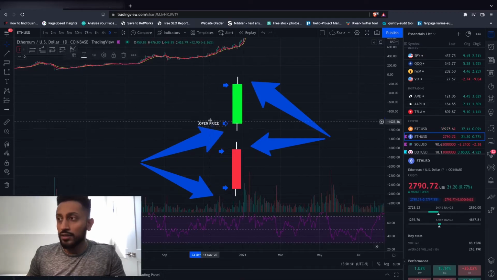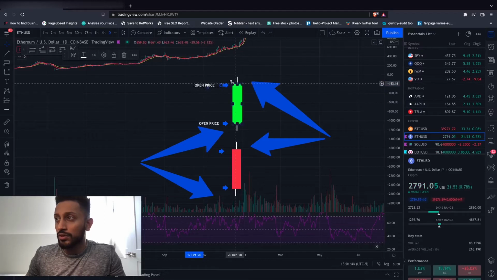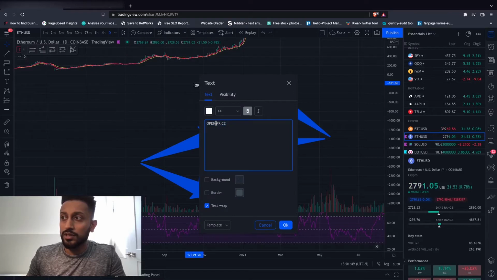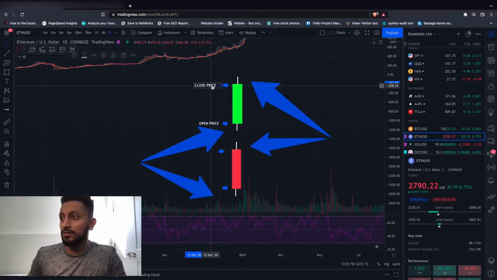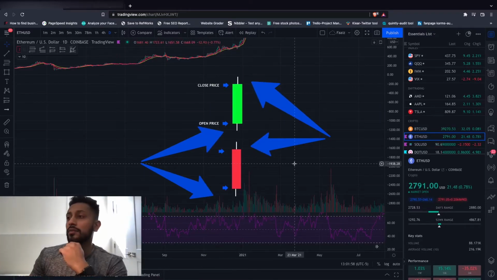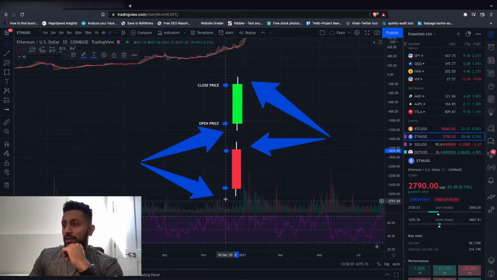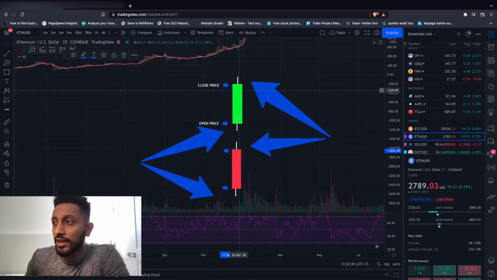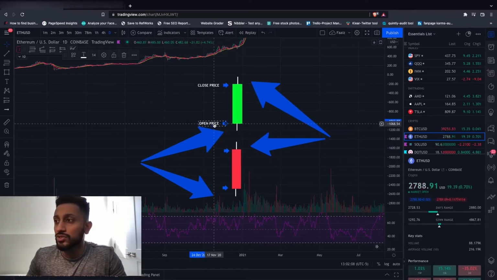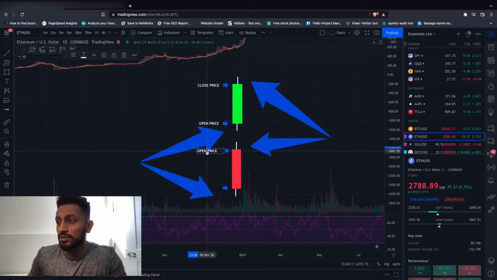Now, the top of the body where it closes, right there, is the close price, where the price closed at the end of that time frame. Boom. Okay. Now, similarly, that's what the open is of a green candle and that's what the close is of a green candle, we can say the opposite is true for the red candle. That's the open price. And then that's the close price.